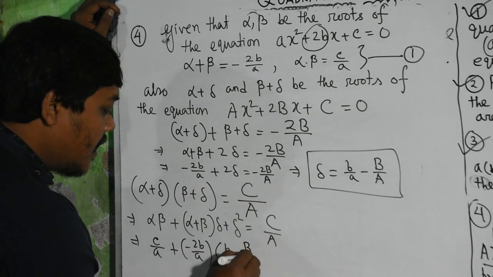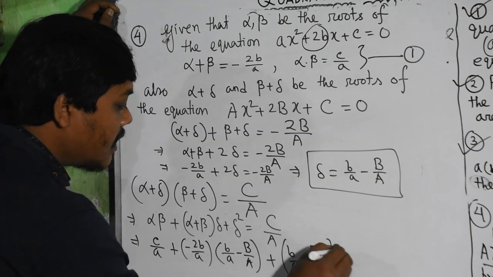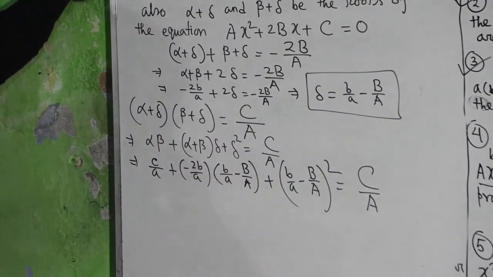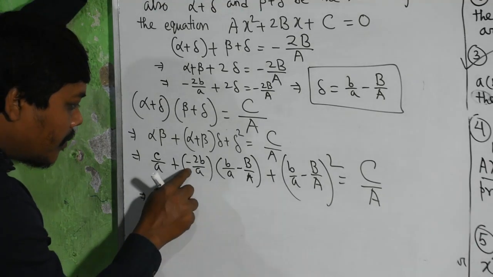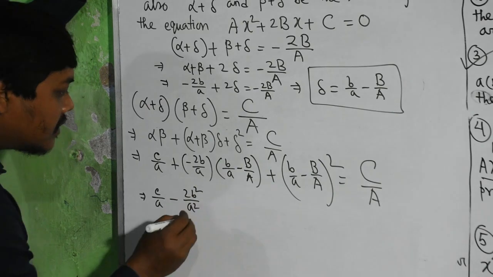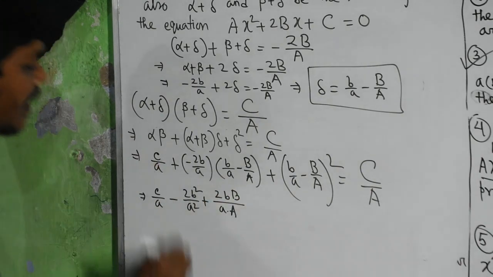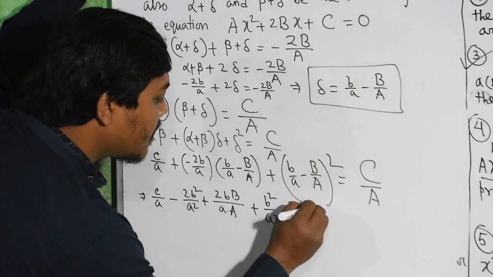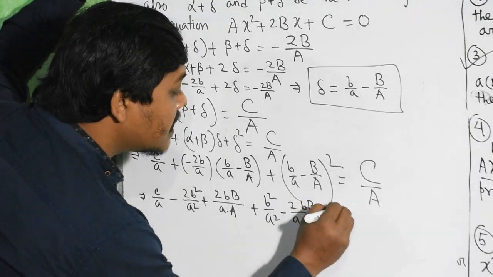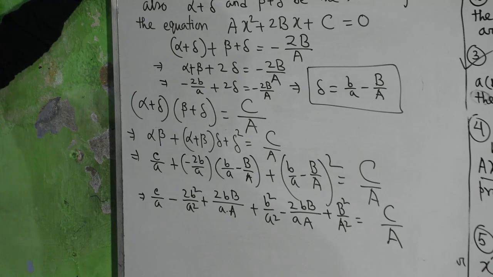Minus 2b by a times small b by a minus capital B by A, plus small b by a minus capital B by A whole square, equals capital C by A. So now we simplify it: small c by a minus 2b square by a square plus 2b capital B by small a into capital A plus small b square by a square minus 2b capital B by small a into A plus capital B square by A square equals capital C by A. Okay, so the 2bB terms cancelled.